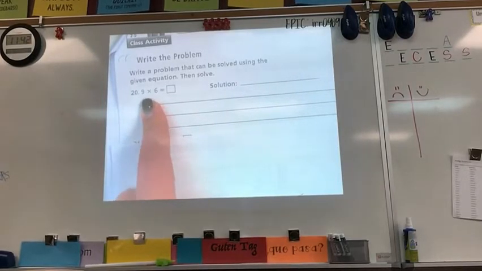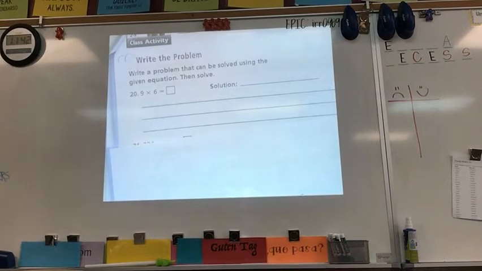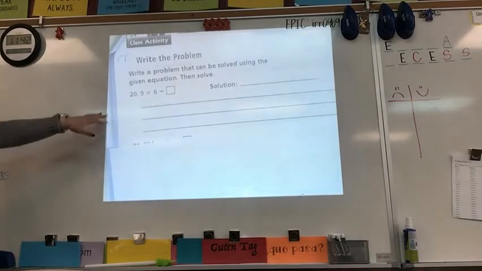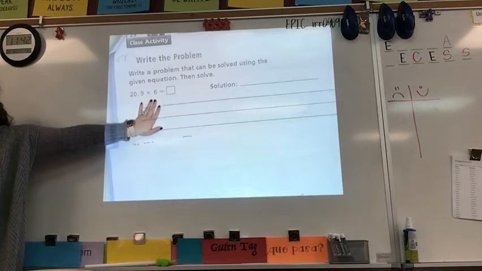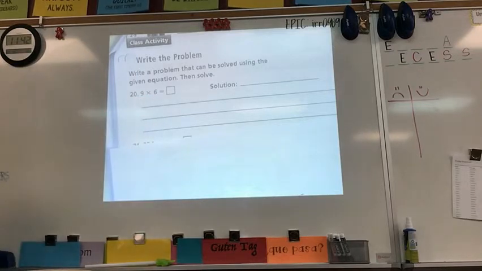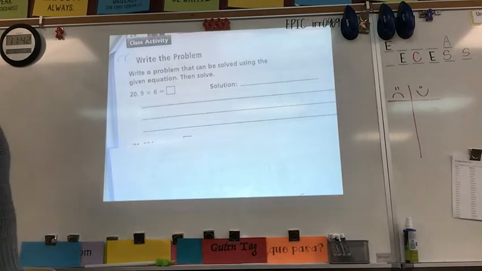Okay? So I wanted to give you guys an example for this one. I'm going to choose area because I feel like I haven't done an area problem in a while and I want to stretch my brain. So I'm right away thinking about what's something that I might find the area of. That might be 9 times 6.